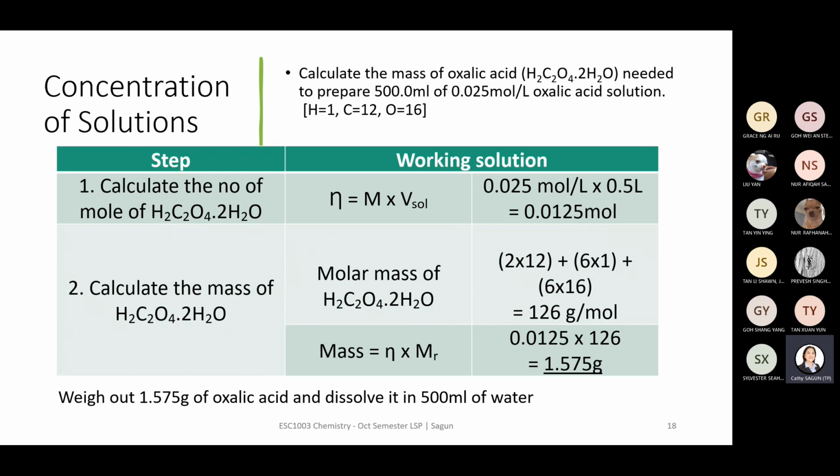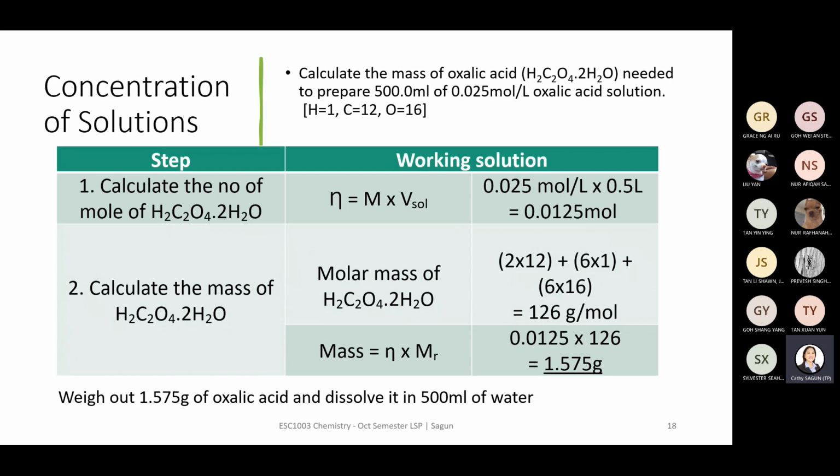And then from the number of moles, you also have the molar mass, which for example, H2C2O4 plus 2 water. So how do we do that? Carbon, hydrogen. This is for the carbon: 12 times 2, 12 from the periodic table, and then you have your hydrogen, and then 16 times 4 for the oxygen, and of course 2 water of hydration.